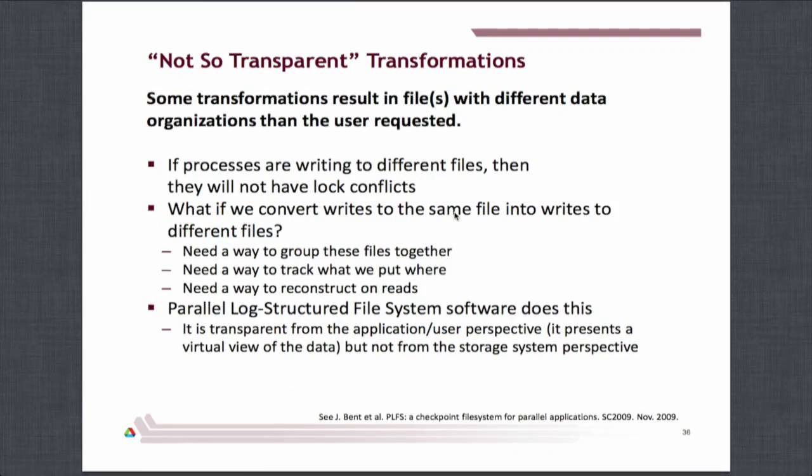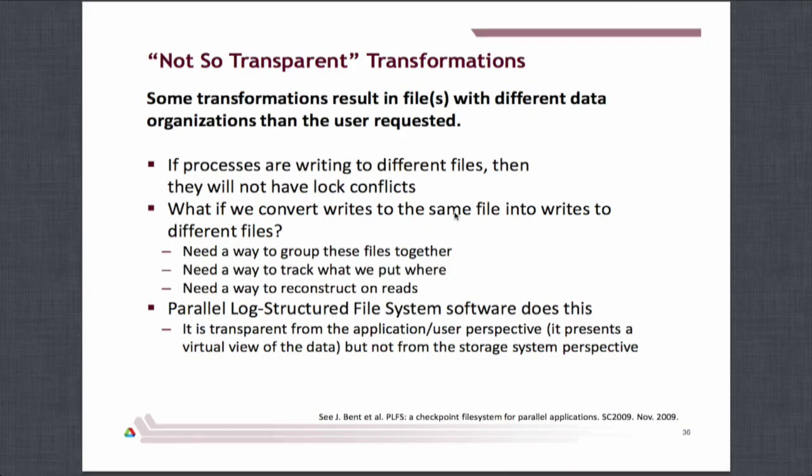And there's also some not so transparent transformations that can be done. Things that can get even a little more aggressive in terms of how they're organizing data for the storage system. The things that I've talked about to this point, you do your reads and writes, and the file looks exactly the same on the storage system as it would have looked if you hadn't used any of those optimizations.